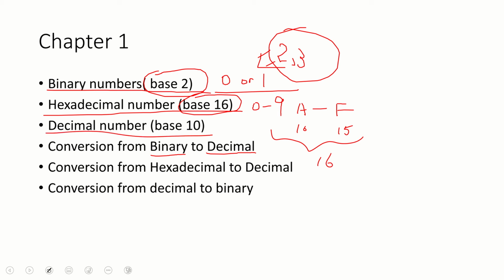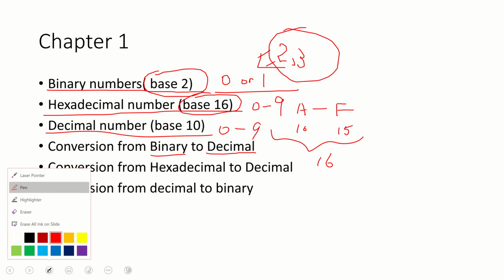Another one is the common one we call decimal number. Decimal is base 10, which means you have 10 digits, from 0 to 9.